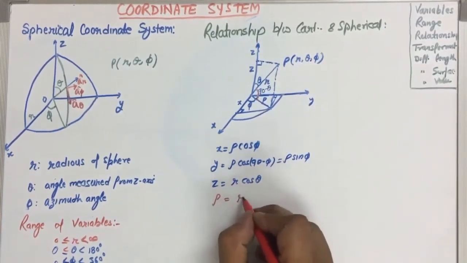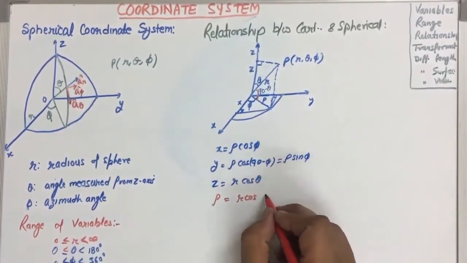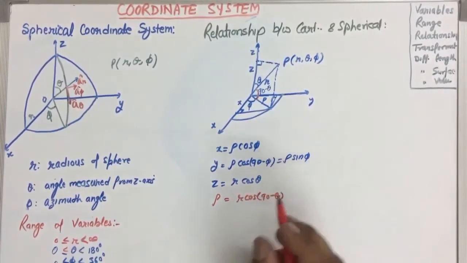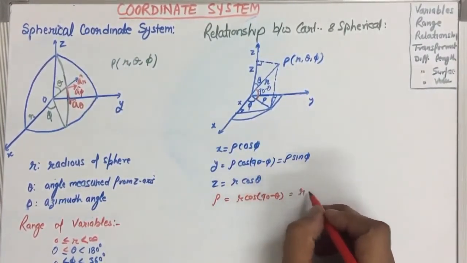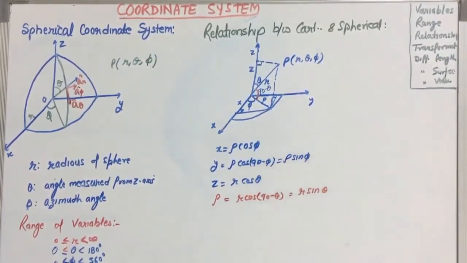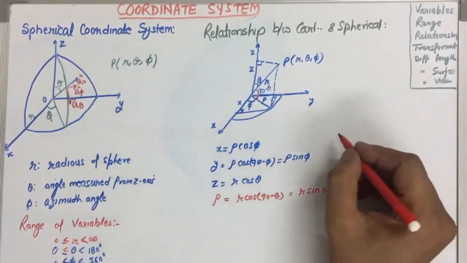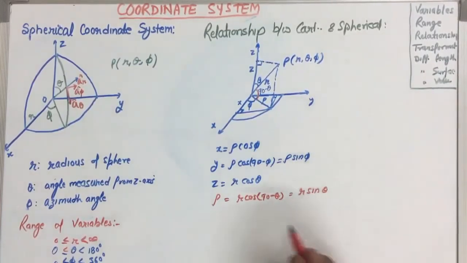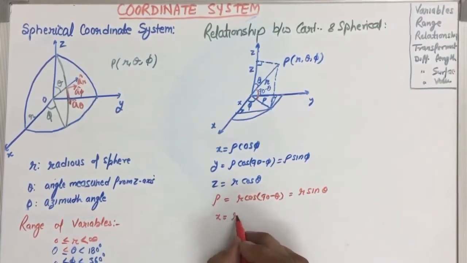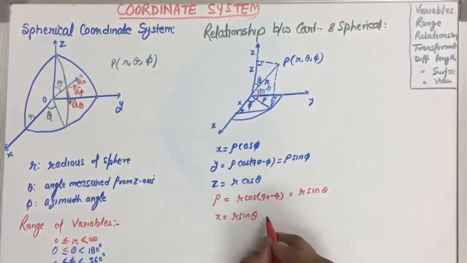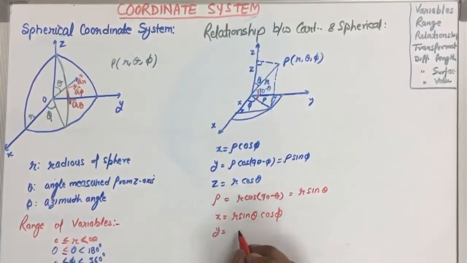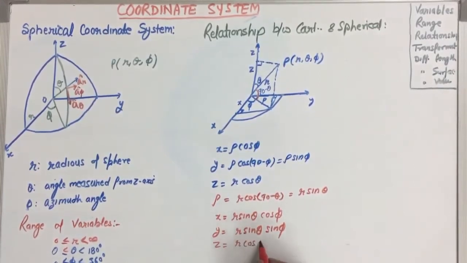So rho will be r cos(90 minus theta). In this way you can write r sin theta. So put the value of rho here, you can get x is equal to r sin theta cos phi, y is equal to r sin theta sin phi, and z is equal to r cos theta.